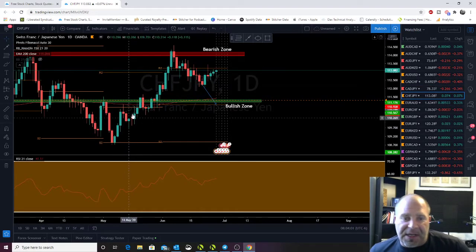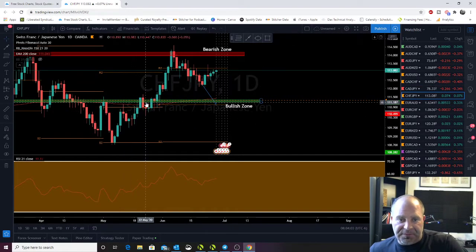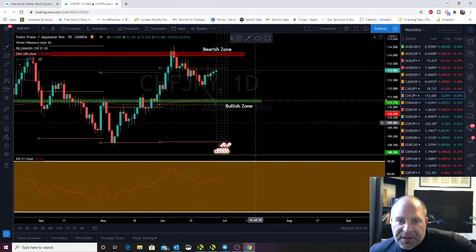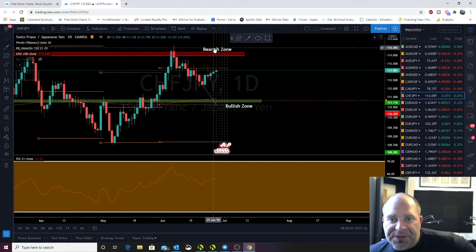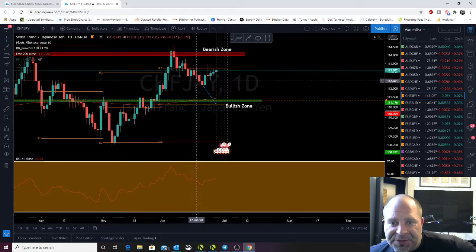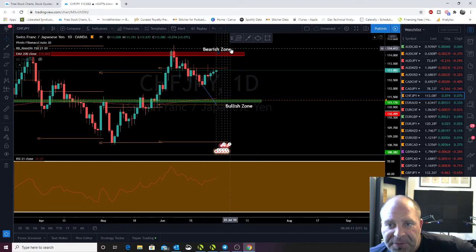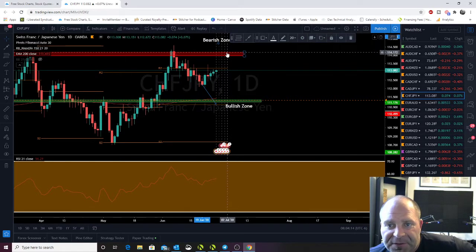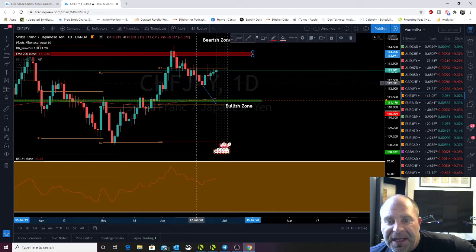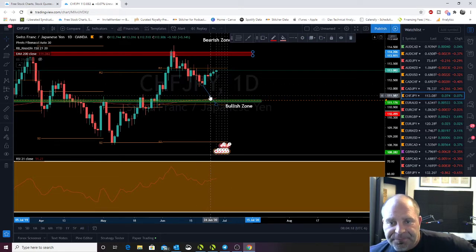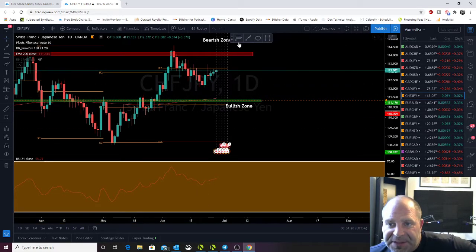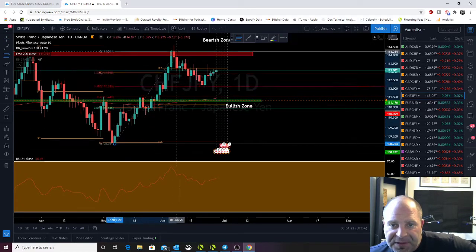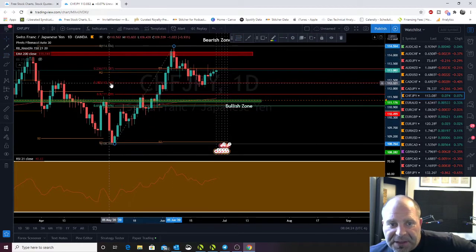Swiss franc JPY. Get rid of these old trades. All right, so we had a blow through R2. We came back to R2, and we blew through it back on the downside, and now we're retesting. I think what we're probably going to see here, guys, let's look at that Fibonacci. So we're at the 382, okay?